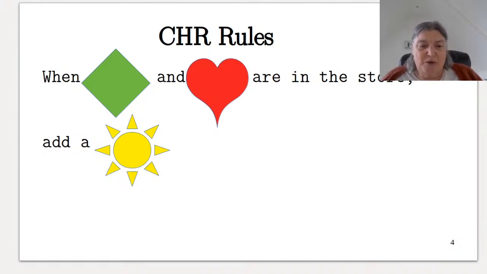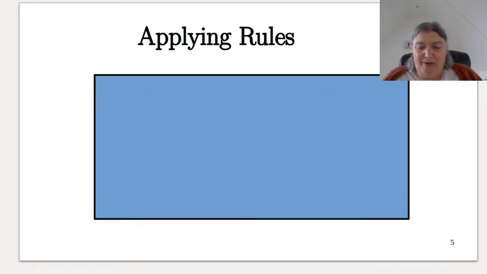Let's see how this works in practice. Here we go. I've got a rule. I will add the green diamond from Prolog.